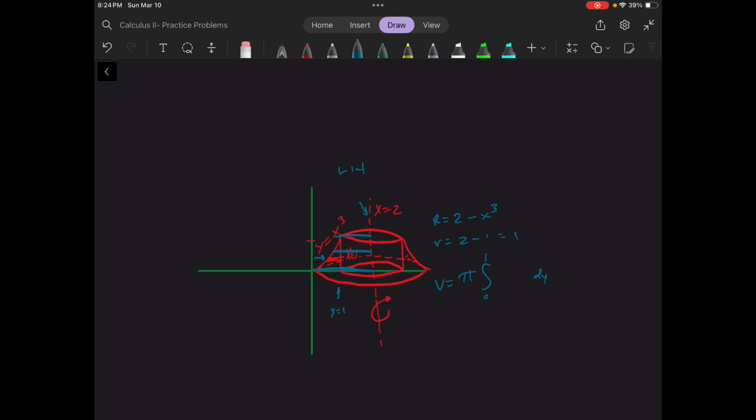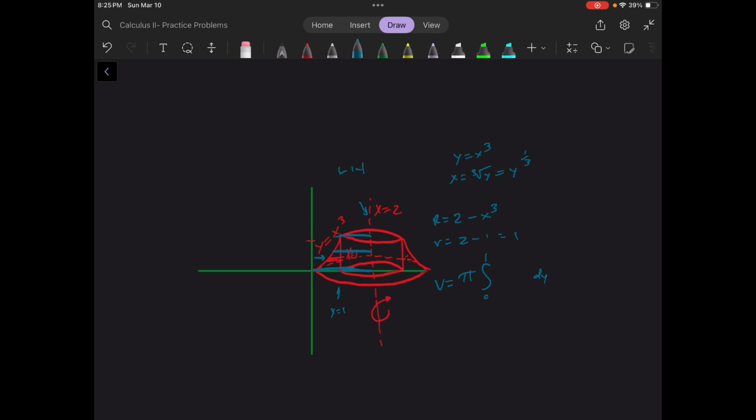So instead of x cubed, if y equals x cubed, x equals the cube root of y. It's the same thing as y to the 1/3.